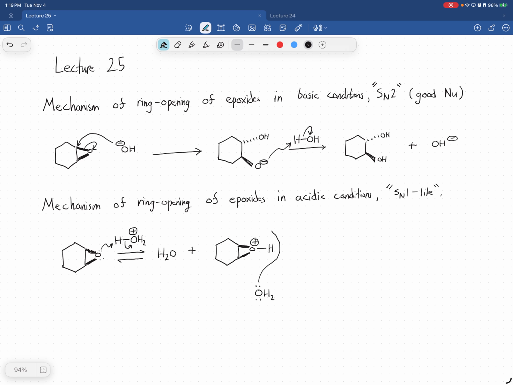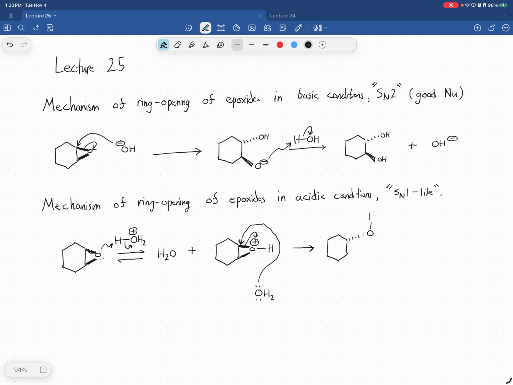And we're going to show it attacking from the bottom face, and this will go back to the oxygen atom, like that. Okay, so this reaction probably won't go back, so we draw it this way. Okay, so it's going from the bottom face.